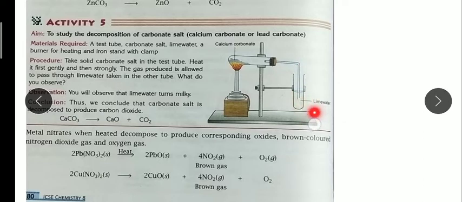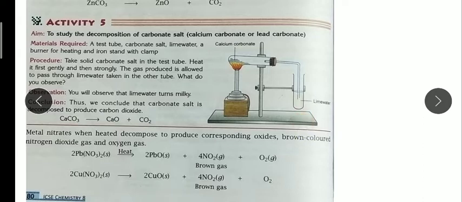What happens to the lime water? Lime water is a transparent solution. When carbon dioxide is added to it, it turns milky. Always remember that carbon dioxide turns lime water milky.